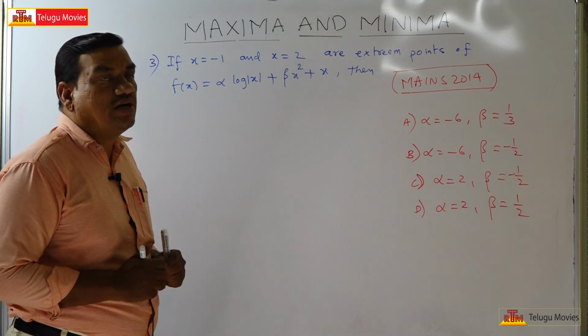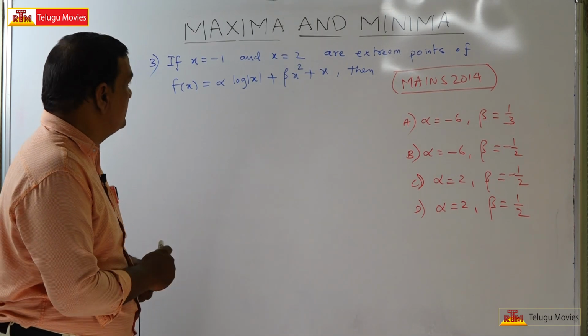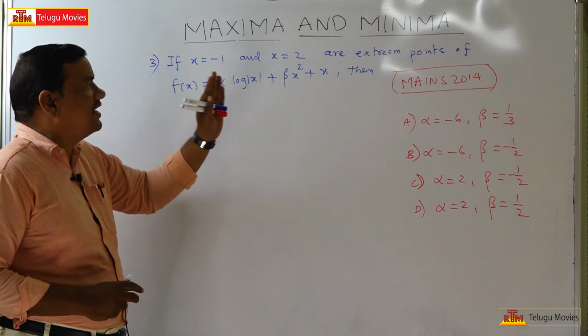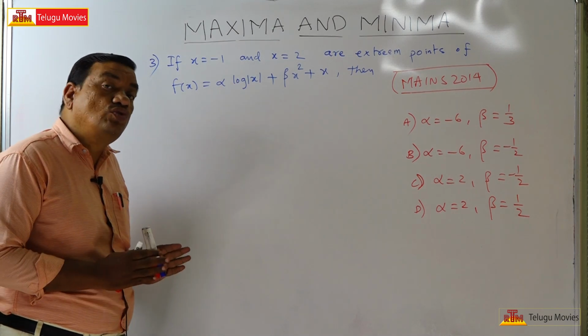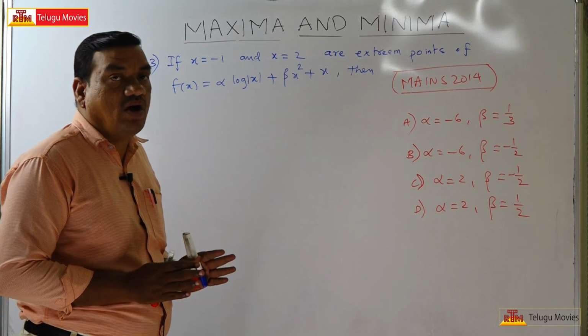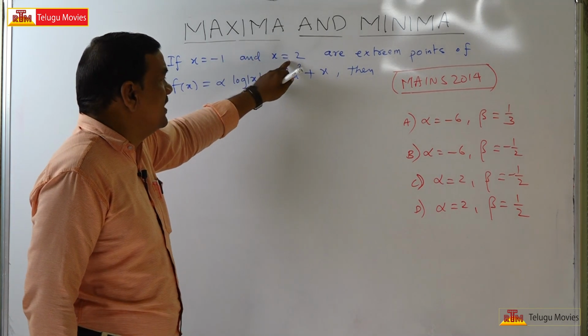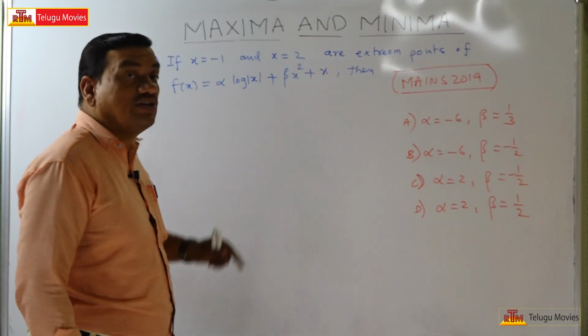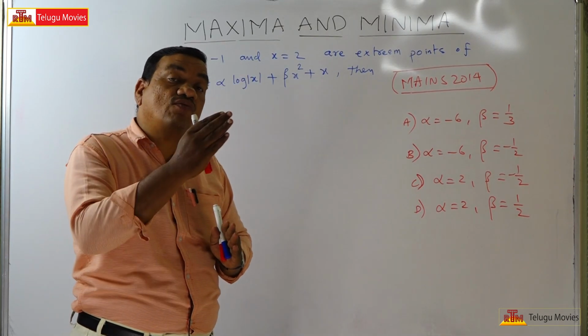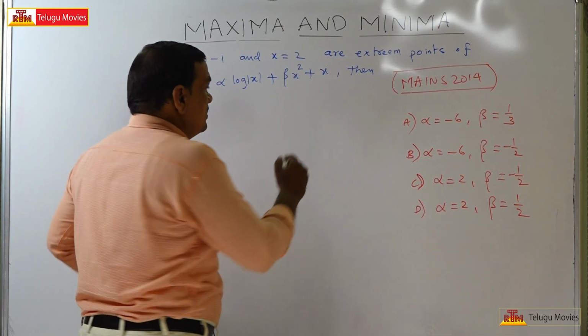First try to understand the problem. At x is equal to -1 and x is equal to 2, these two are the points of extrema. Points of extrema means what? At x is equal to -1 and x is equal to 2, this function is getting either a maximum value or a minimum value. That means there are two possibilities.